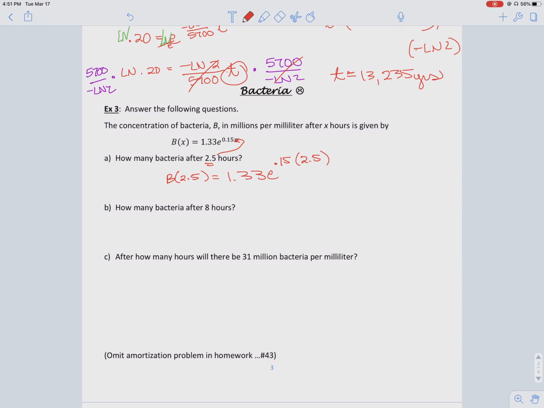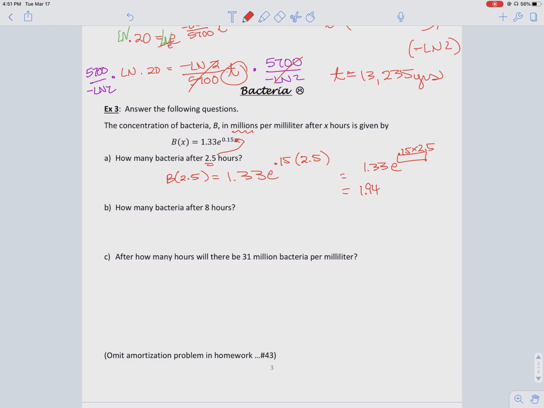And again, all you've got to do is put that in your calculator. Make sure when you put the e, it's going to go ahead and put the exponent up here. And you're going to put 0.15 times 2.5. Make sure you put them both up there. Okay. And then when you hit enter, it's going to say about 1.94.